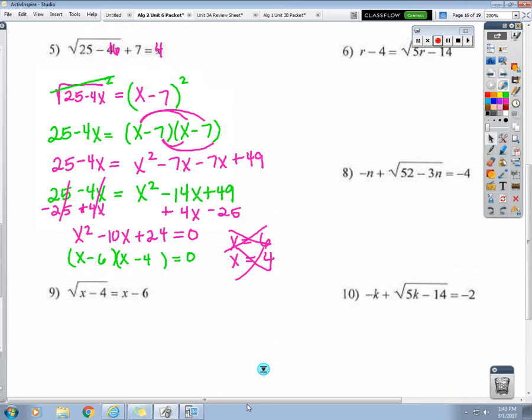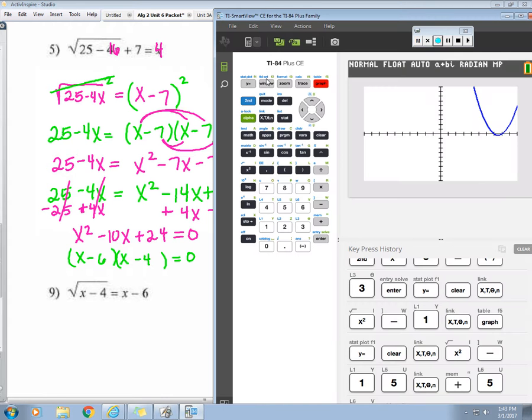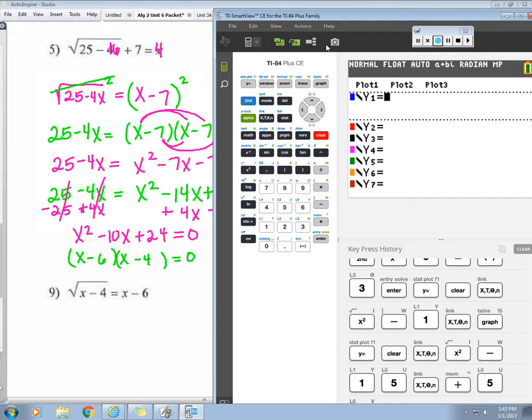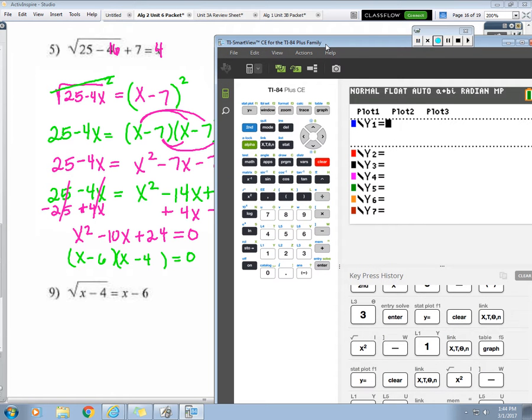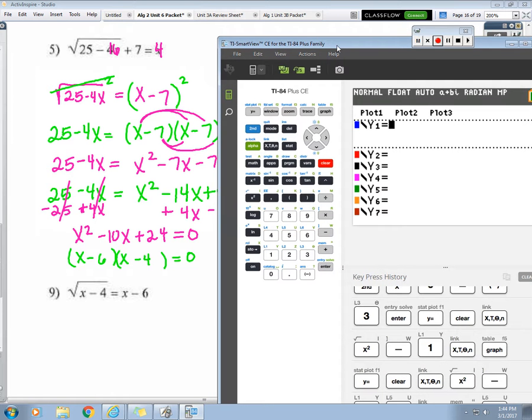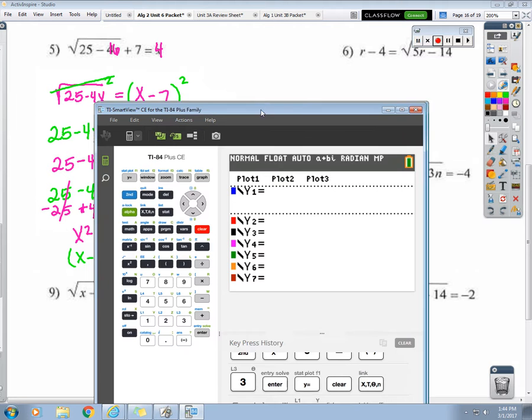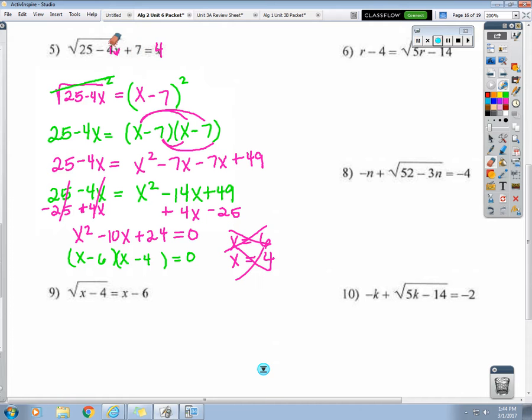Okay, I'm going to show you why. Watch the calculator. Everybody watch. I am going to graph the original function, the radical function.